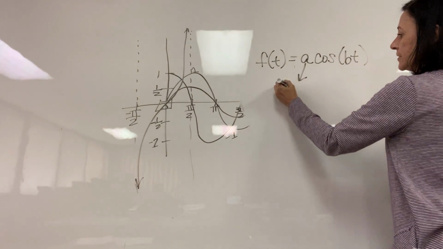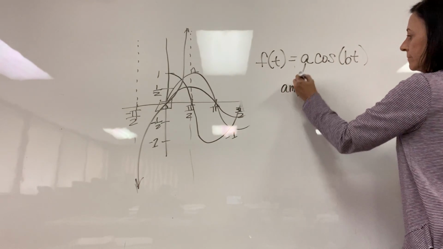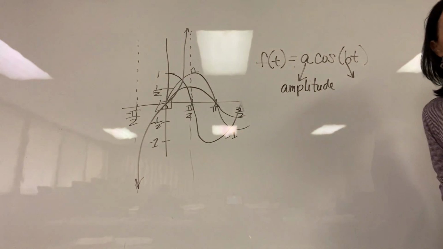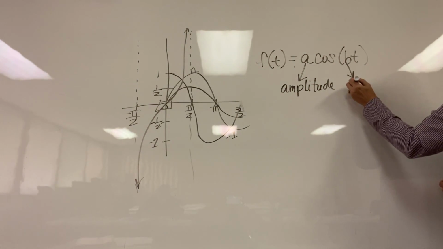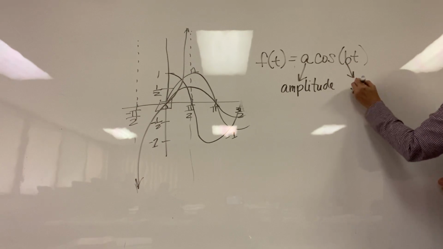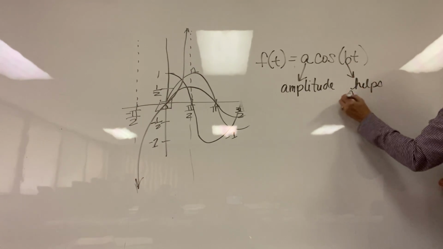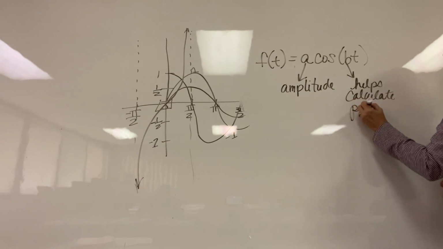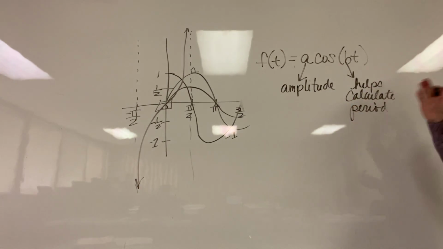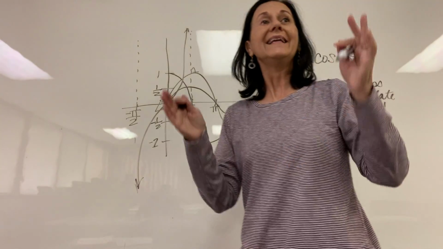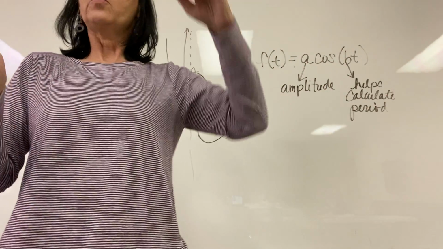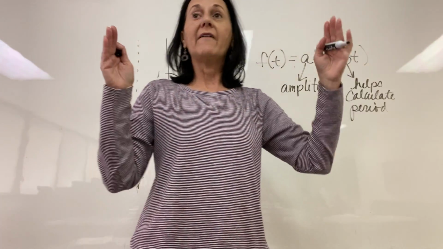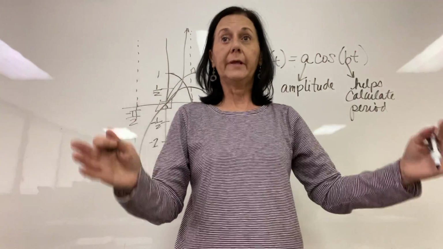This is my amplitude. And B helps me calculate the period. B tells me how many cycles between 0 and 2 pi that function will complete.